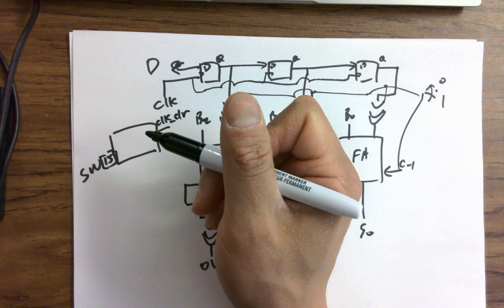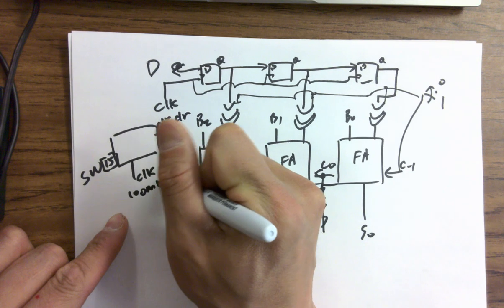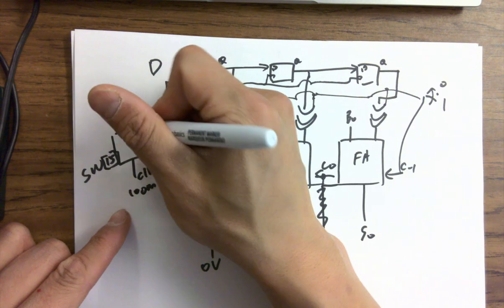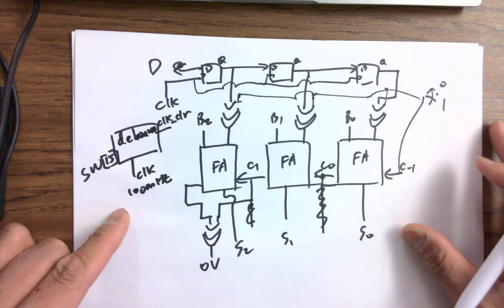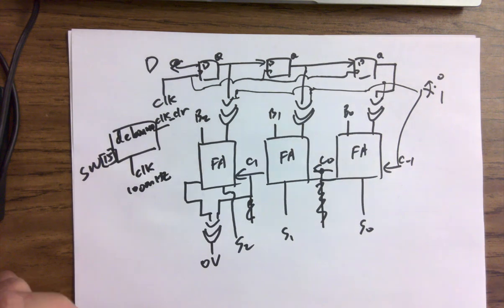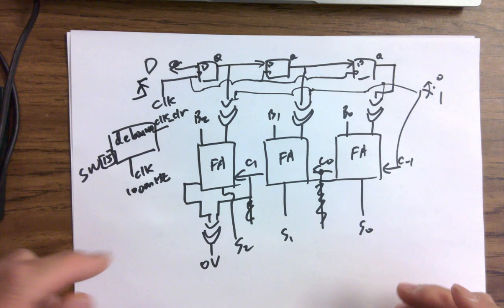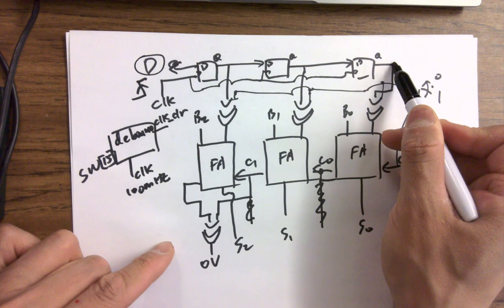So probably need a 100 megahertz clock over here to synchronize the output to the input. So this is going to be a debounce module, because the switch is a mechanical part. When you press it, it bounces back and forth and gives you a vibration. And you need a really clear rising edge over here to shift all the bits from D to here.